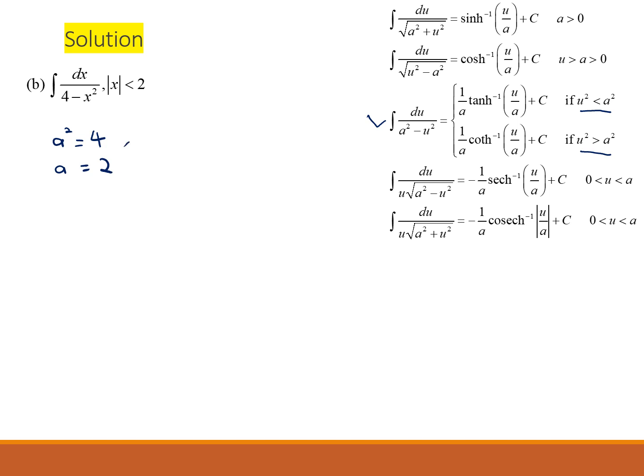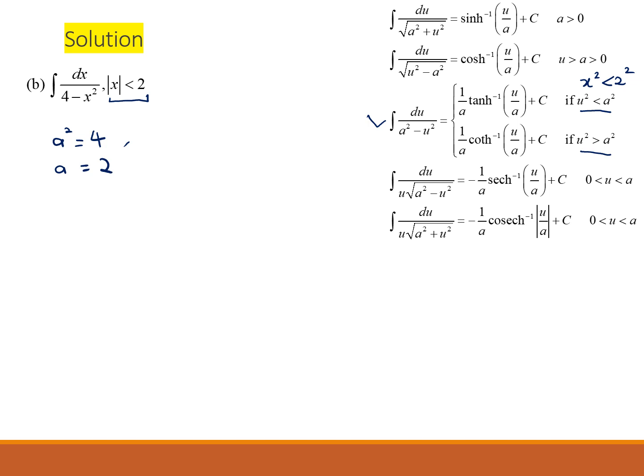We represent u as x here, and then which answer should we use in our case? If you notice here, x is less than 2, meaning that x squared, using this condition, is less than 2 squared.